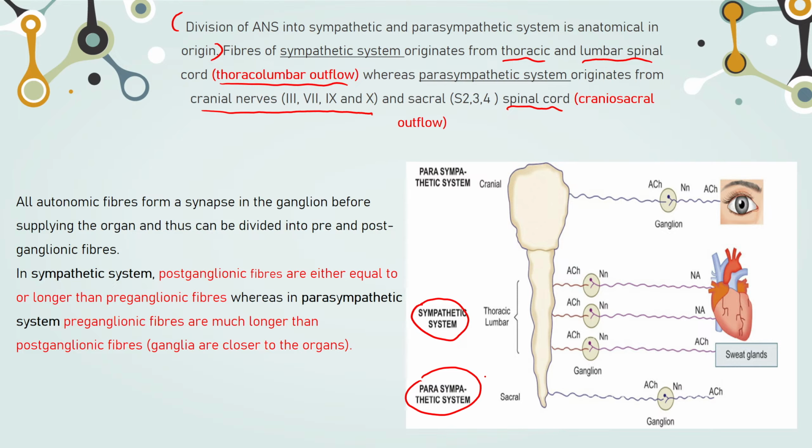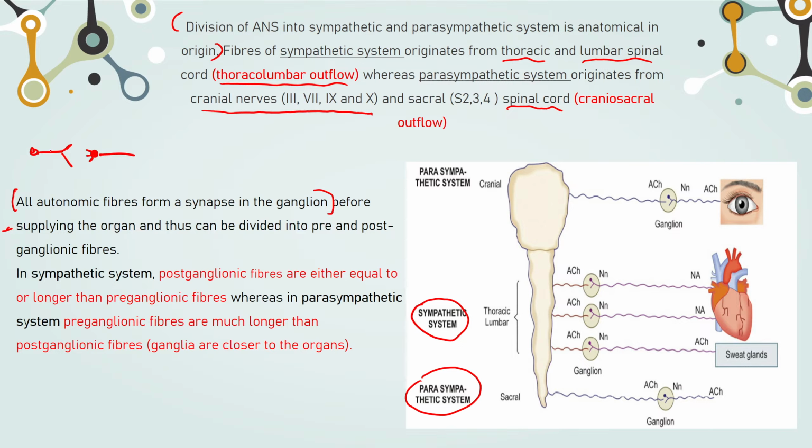Now, all autonomic fibers will form a synapse in the ganglion. Now, what does it mean? A synapse, we all know, is like a gap between two neurons. For example, this is a nerve fiber, this is another nerve fiber. It contains some receptors here.